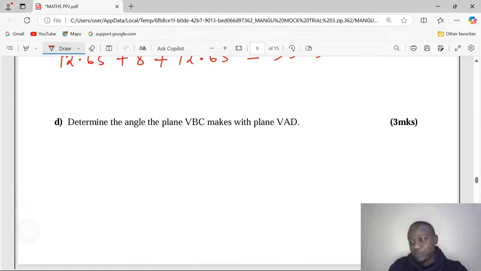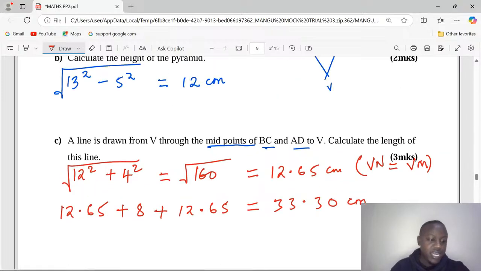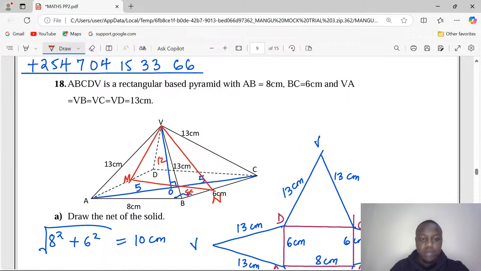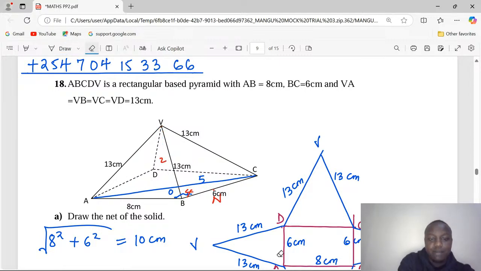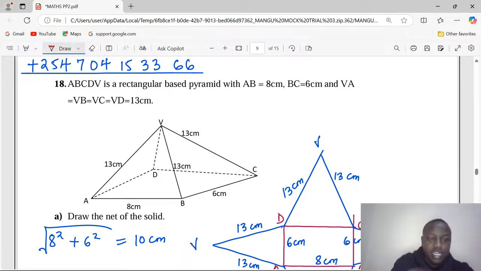Finally, on that particular question, we are asked to determine the angle between the planes VBC and VAD. Let me clear the diagram so that you may see those planes.